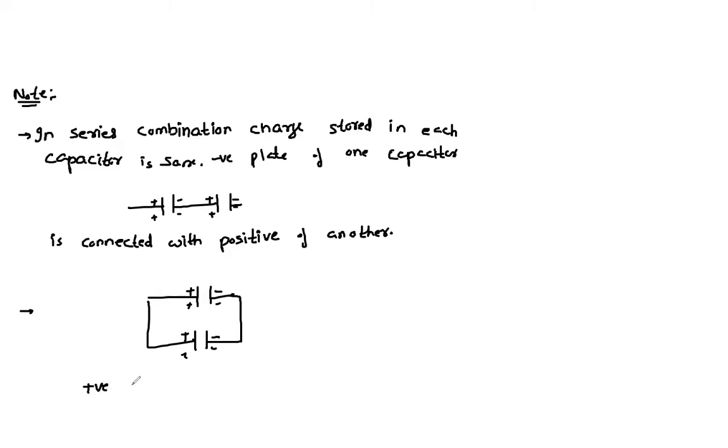So this is how we do parallel combination. Series combination, positive and negative plates are connected. For parallel combination, positive, positive and negative, negative are.